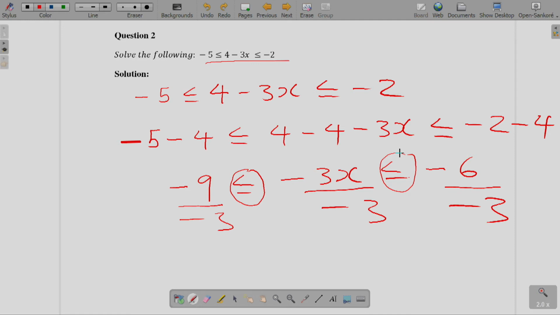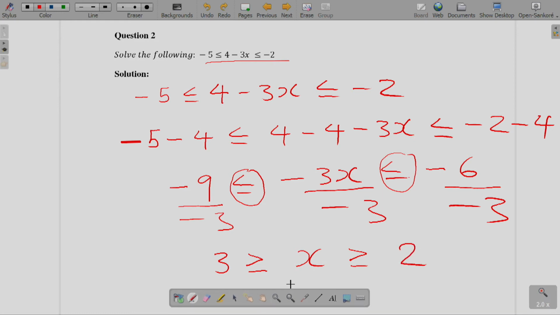Negative 9 divided by negative 3 gives 3, and the sign changes from less than or equal to greater than or equal to. Negative 3x divided by negative 3 remains only x, and this sign also changes from less than or equal to greater than or equal to. And negative 6 divided by negative 3 gives us 2.